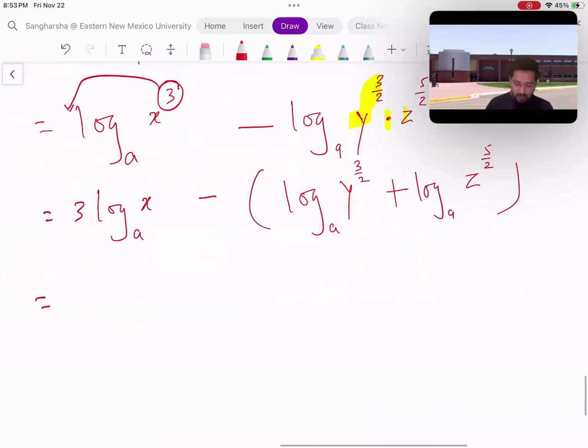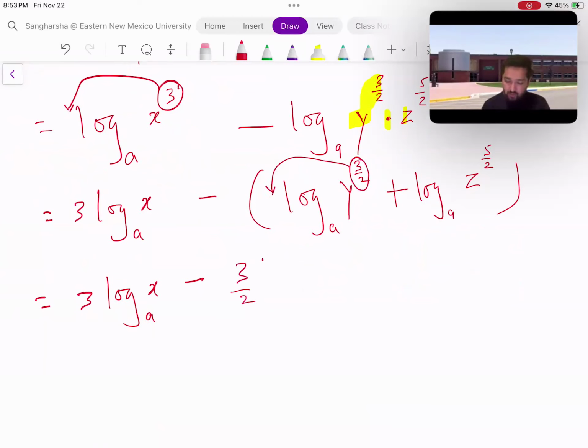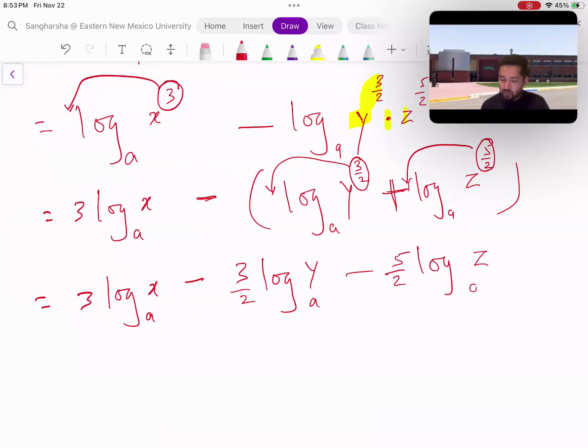Now here, 3 log of x to a base a minus, you can distribute the negative, and this exponent we can write in front. So negative 3/2 log of y to a base a, negative times positive is negative, you have exponent, you can write in front 5/2 log of g to a base a. And this is our final answer.